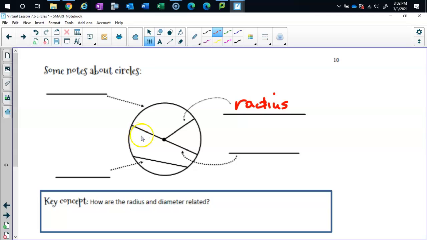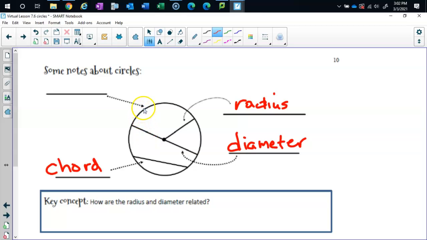We know that. This one that goes the whole way across the center from one edge to the other is called the diameter. Then, if you have a segment that goes from one side to the other of the circle, but it doesn't go through the center, that is called a chord. We learned about that earlier.